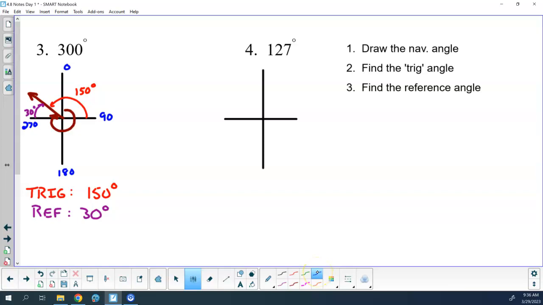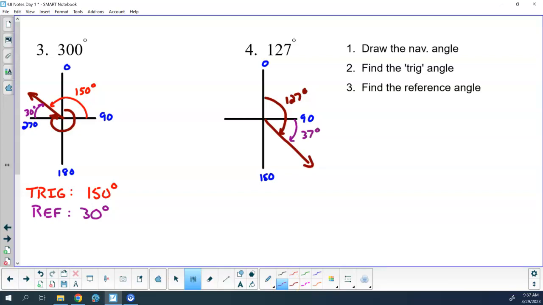127, I'd have 0. I'd have 90. I'd have 180. 127 would be down here. Give me a reference angle here of 37 degrees.